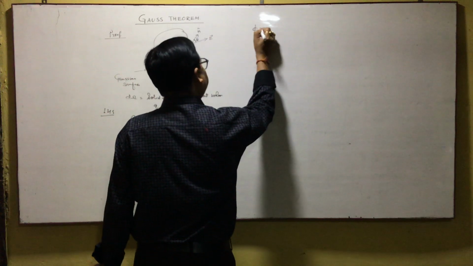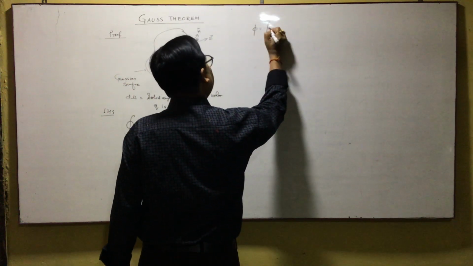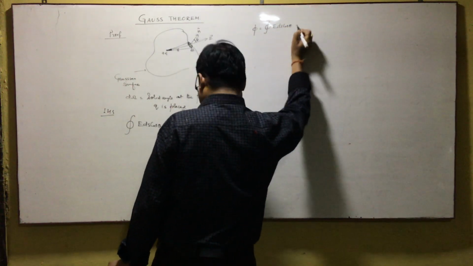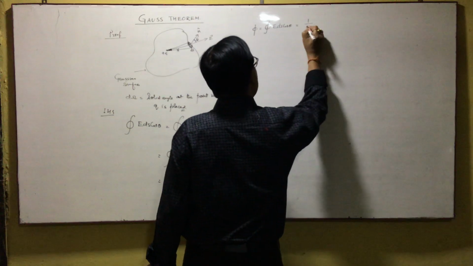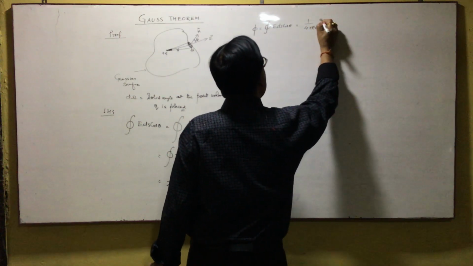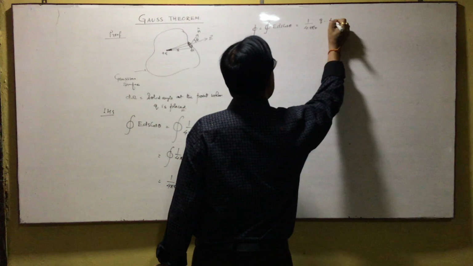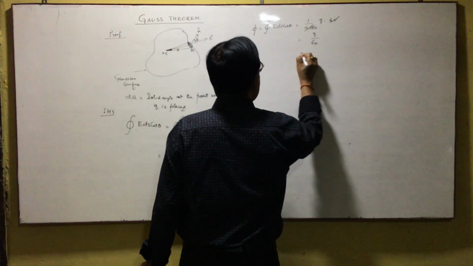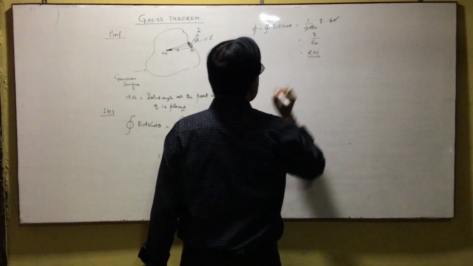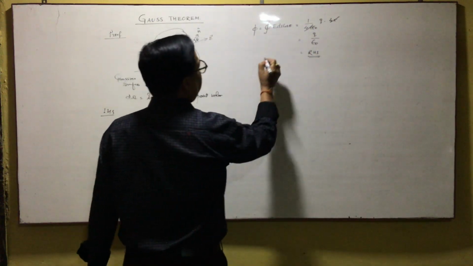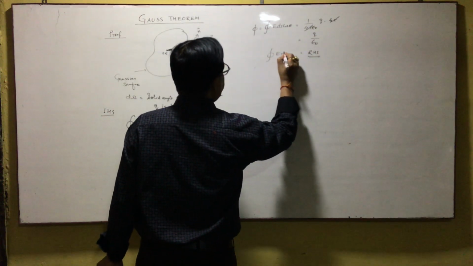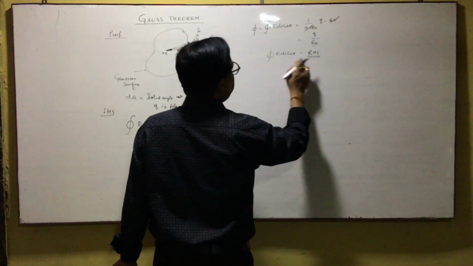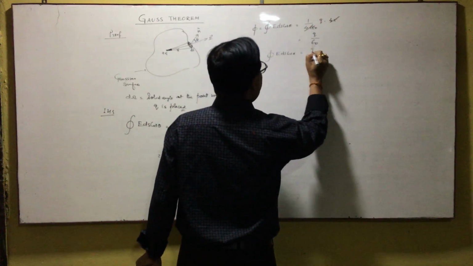So the phi, that is E ds cos theta, is equal to 1 by 4 pi epsilon naught Q into 4 pi. 4 pi cancels 4 pi. This is Q by epsilon naught, and this is RHS. So this proves the Gauss theorem. So E ds cos theta is equal to Q by epsilon naught.